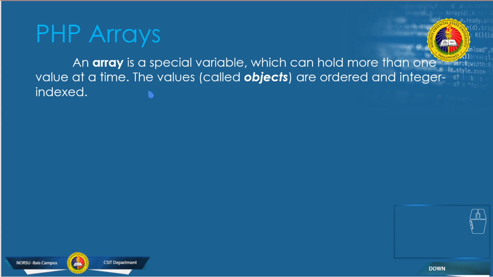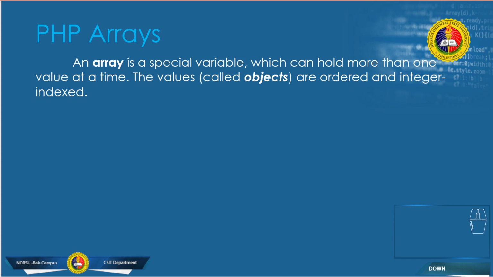Alright? So the values of an array are called objects, and are ordered and integer indexed. When we say ordered, since you have multiple values in your array, you have to make sure that those values are ordered. Diba? Kasi since daghan man ang value nga gibutang sa imong array, kinahanglan nimo siyang i-order. Meaning, you can order it with numbers, let's say 1, 2, 3, 4, 5, 6.